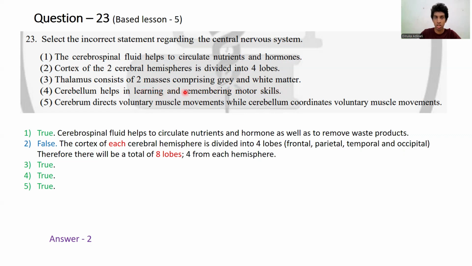Fifth one, cerebrum directs voluntary muscle movements while cerebellum coordinates voluntary muscle movements. That's also correct. Those are functions of cerebrum and cerebellum. Therefore, they are asking for the incorrect statement. So the second one is the incorrect statement. So the correct answer is 2.